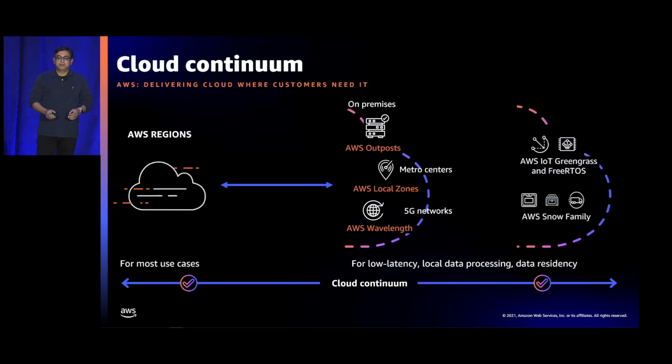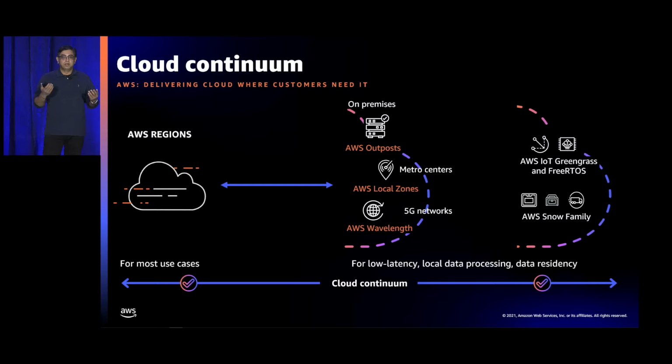So to address that, when we think of the infrastructure from an AWS perspective, we really want to bring the infrastructure where the customer is. On the left-hand side, we have AWS regions, which, as you know, we are growing every year. So if a region is there where you want your data to be, then that's the most optimal place for you to reside your data.